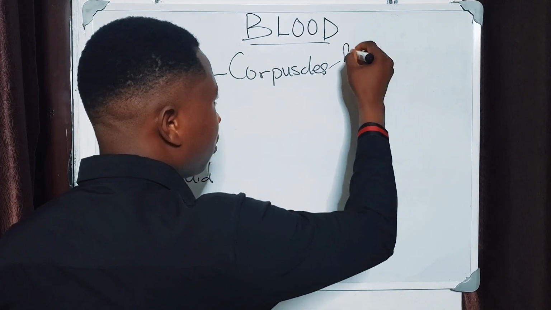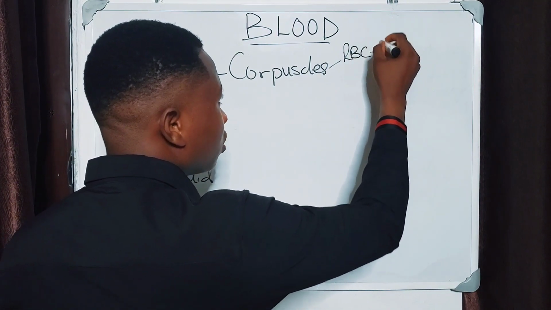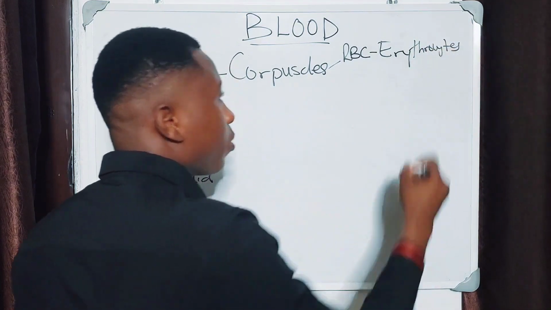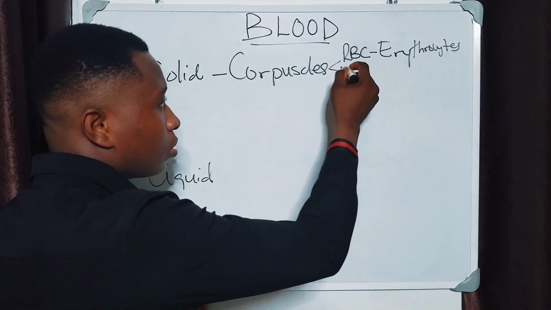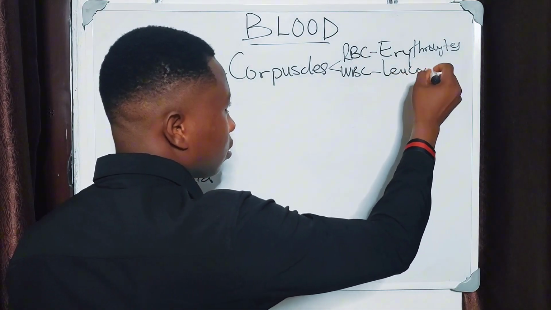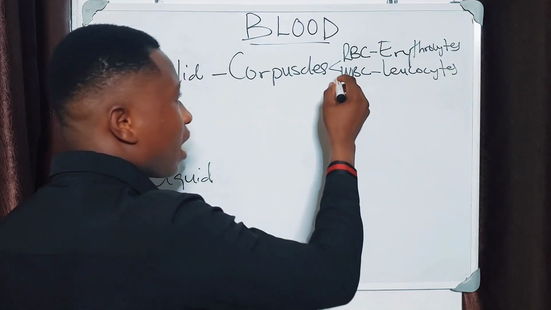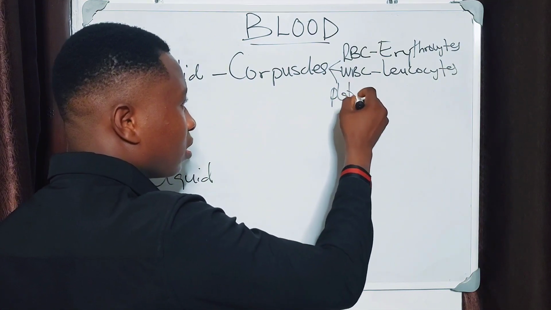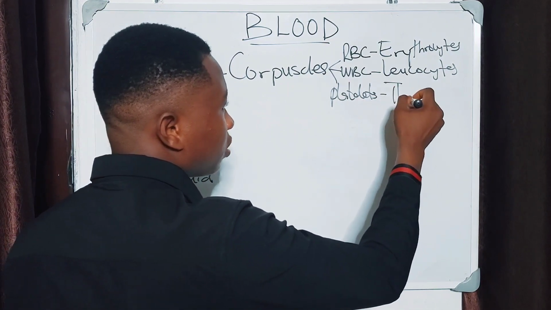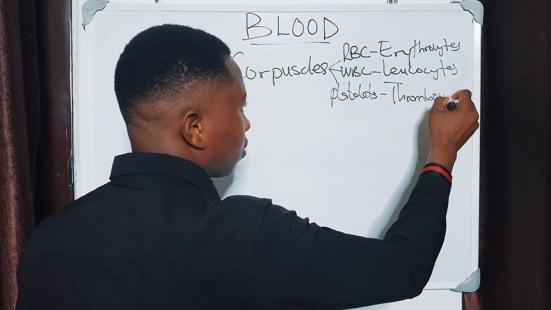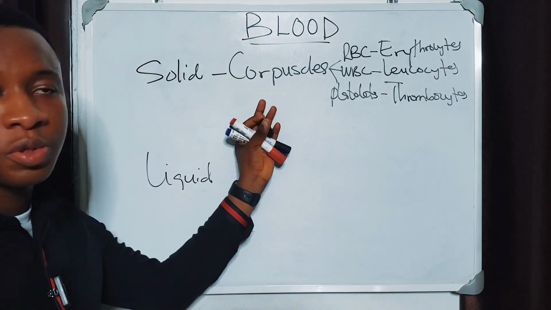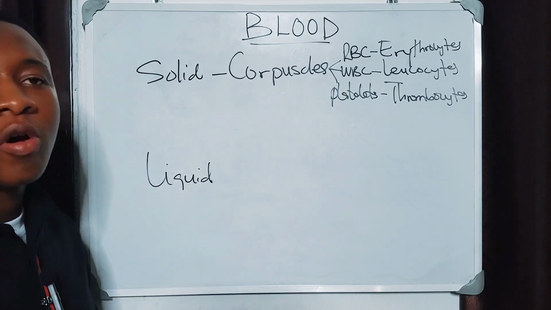We have the red blood cells, oftentimes called the erythrocytes. We also have the white blood cells, referred to as the leukocytes, and we have the platelets, which are referred to as thrombocytes. So these are the blood corpuscles, the solid part of the blood.